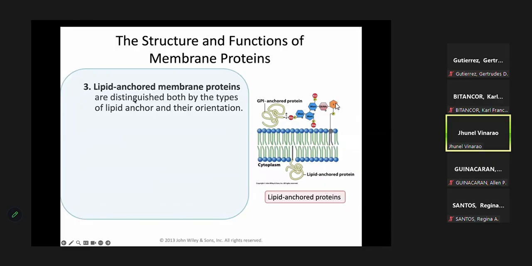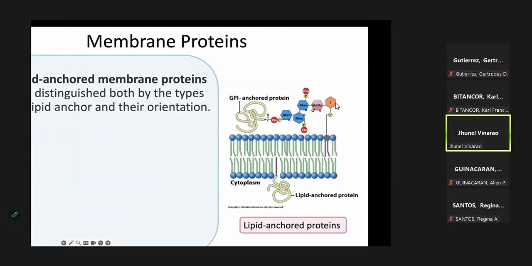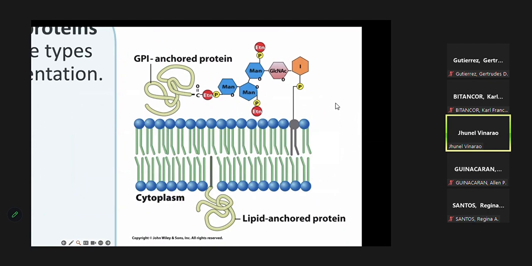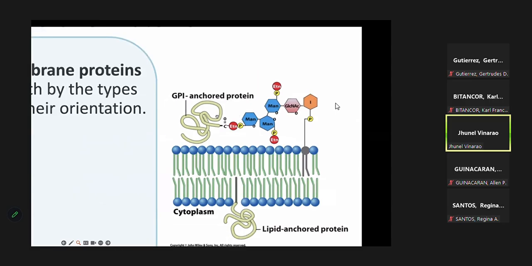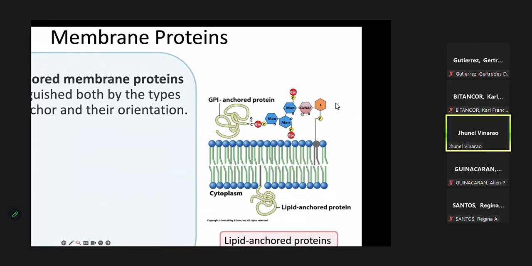There are also lipid-anchored membrane proteins. As seen in this figure, this is phosphatidylinositol, the lipid, coupled with the protein. This is the GPI anchored protein.